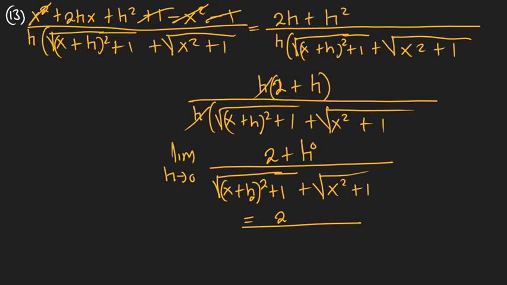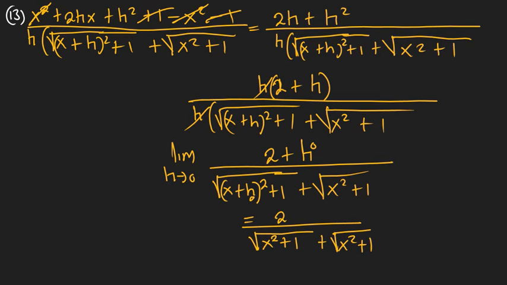So what we are going to remain with is going to be 2 over, then square root of x to the power 2 plus 1, then this is going to be plus square root of x to the power 2 plus 1.